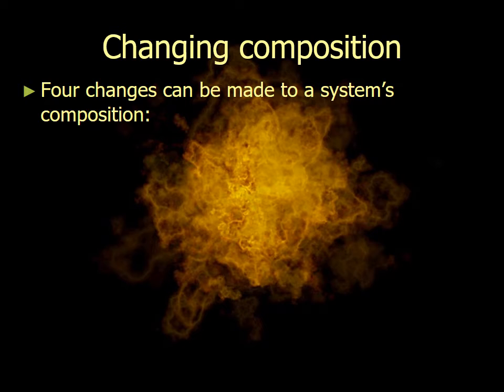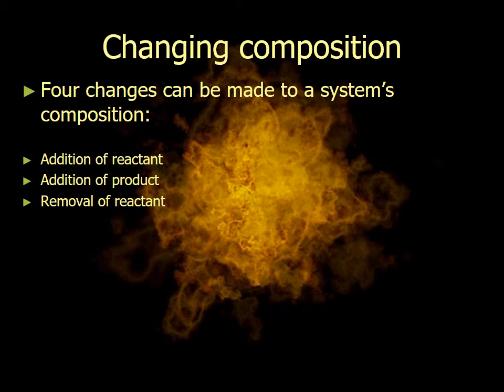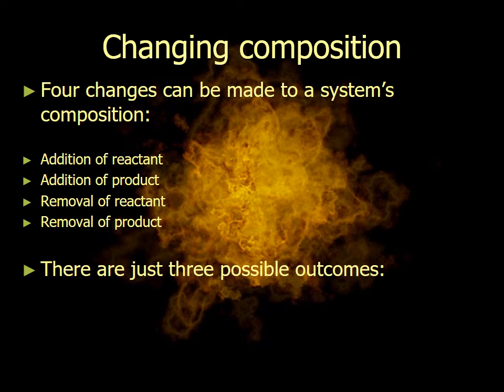So we can do 4 things to a system's composition. We can add a reactant, we can add a product, or we can take a reactant away, or we can take a product away. So 4 possible changes we can make. And essentially there are 3 possible outcomes, but in almost all cases actually just 2, but we've got to be aware that there is a possibility of a third.